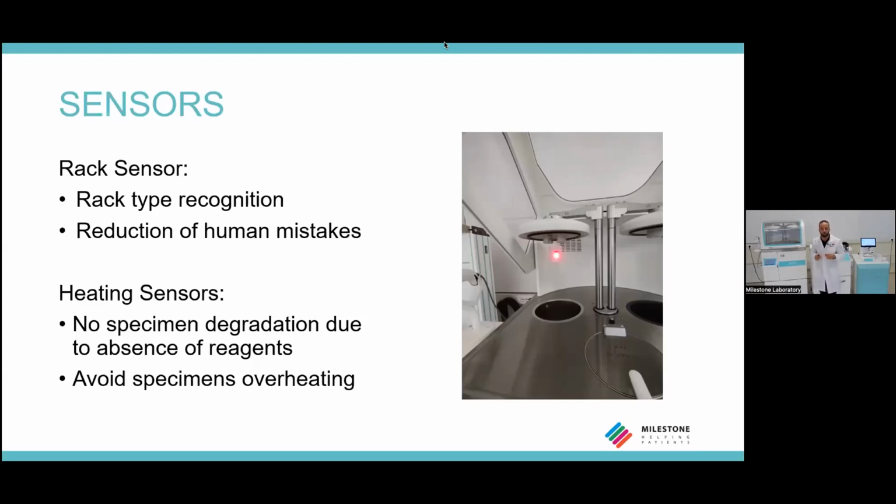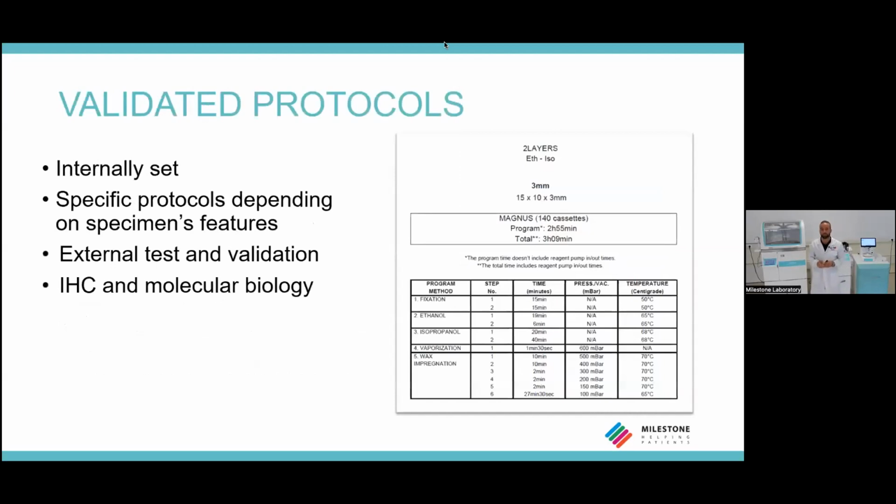But there are not only technical solutions put in place for sample safety. As I told you before, every specimen is unique. So, the Milestone application staff fine-tuned specific protocols depending on the specimen features, such as thickness and fat content. Those protocols are validated on human tissue in collaboration with pathology labs.